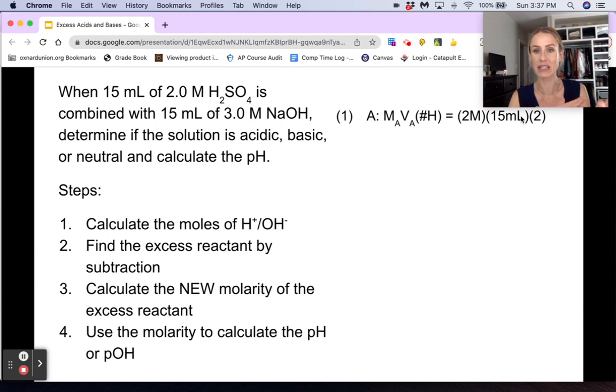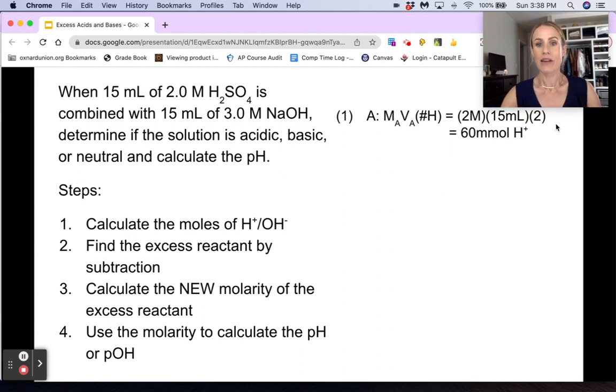So those milli units are going to cancel out. You'll see what I mean in a bit. It's just easier. I think the numbers are easier to handle if you just keep it in milliliters. But remember, all of your volumes need to be in milliliters. So what I'm getting here is millimoles because I have milliliters. So doing this math here, I get 60 millimoles of H plus.